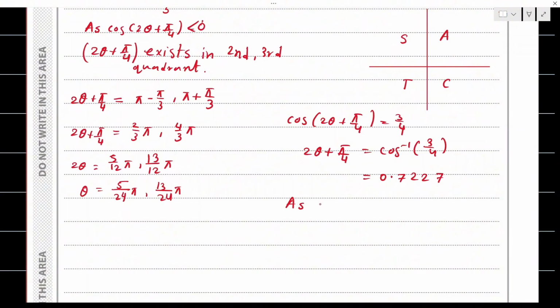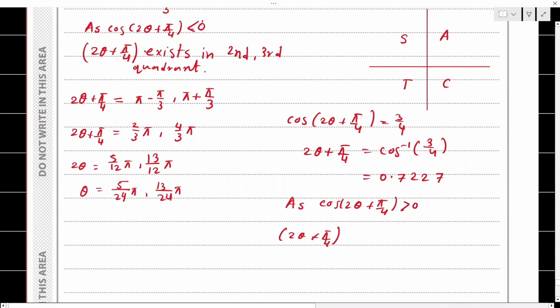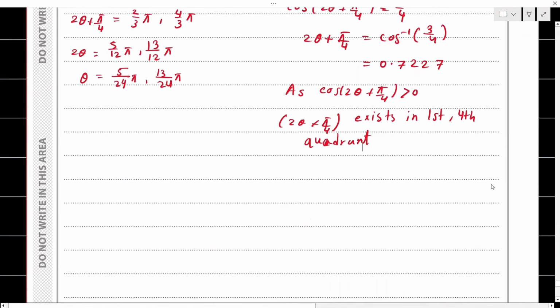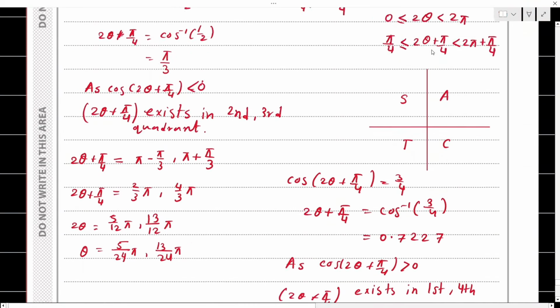I can observe that cos 2 theta plus pi by 4 has a positive value. As this has a positive value, the angle must exist in the first and the fourth quadrant. So we have to find the values of angles that are in the first and the fourth quadrant within our range.